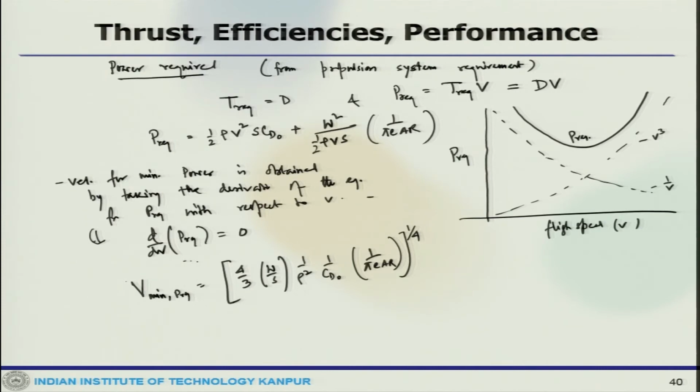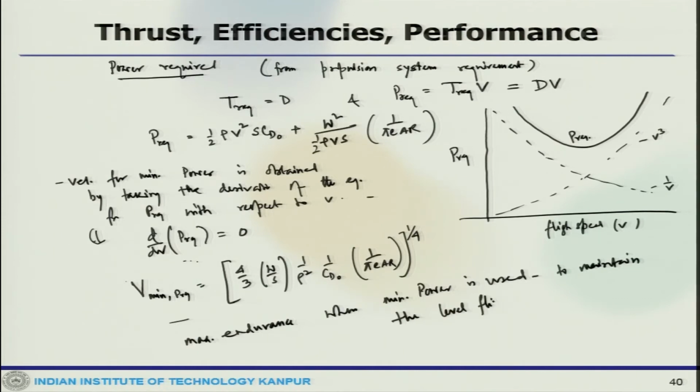As we will see quickly, maximum endurance occurs when the minimum power is used to maintain steady level flight. That means maximum endurance will be obtained when minimum power is used to maintain the level flight.